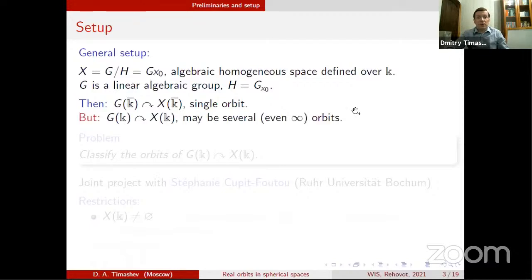But in general, the group of K points may act on the set of K points of X with several orbits, and it may even be infinitely many orbits, depending, of course, on the base field. So the problem, yeah? Do you assume anything about the characteristic? So far not, but later on I will impose restrictions on my base field.